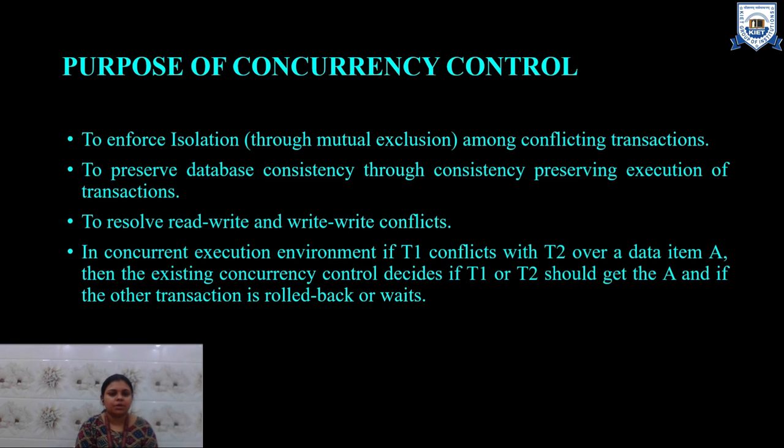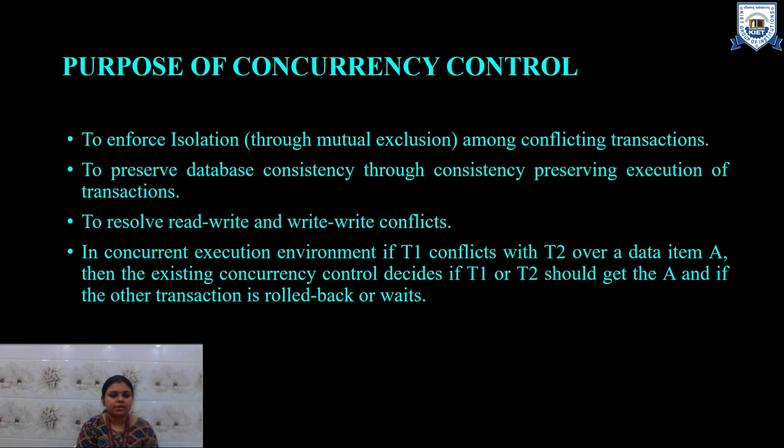Now, what is the purpose of concurrency control? To enforce isolation through mutual exclusion among conflicting transactions, to preserve database consistency through consistency-preserving execution of transactions, and to resolve read-write and write-write conflicts.